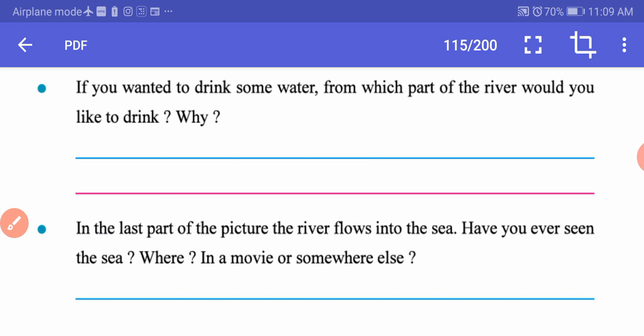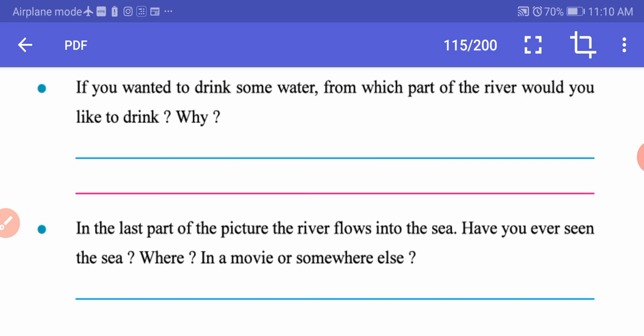Now, if you live in Umarsadi or some places near the ocean, near the sea, you will see that the river comes from the mountain and meets the sea. So the water of the river and the water of the sea meet over there.